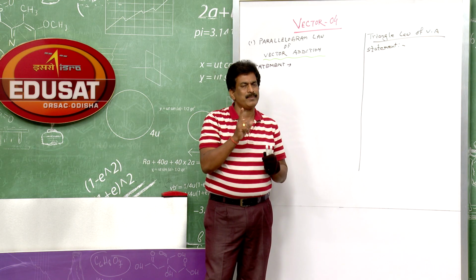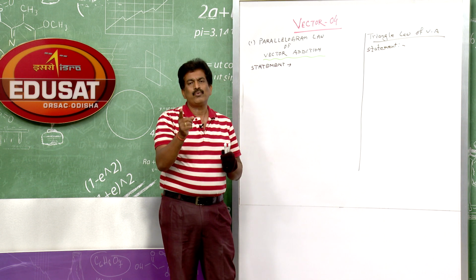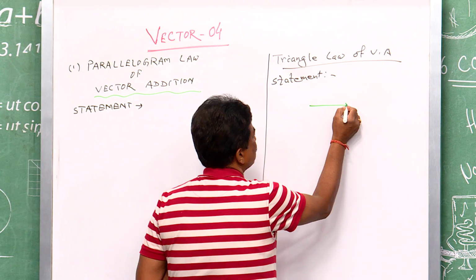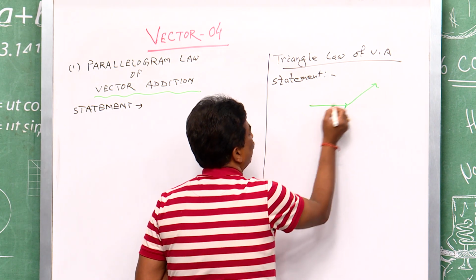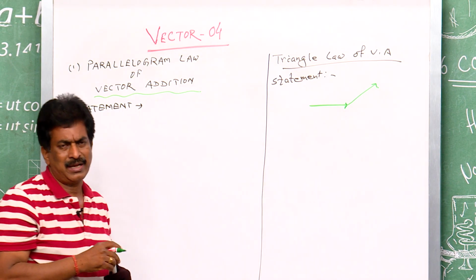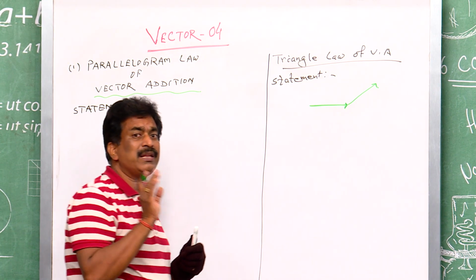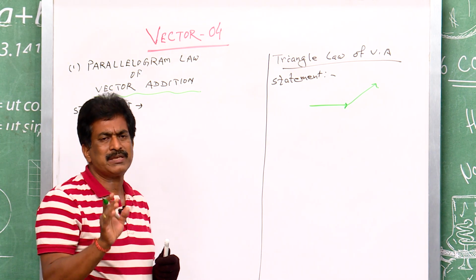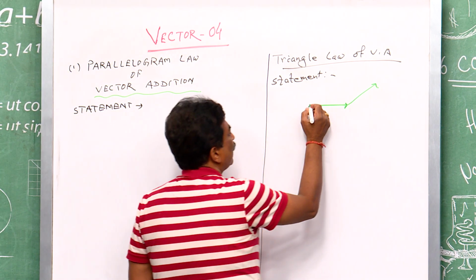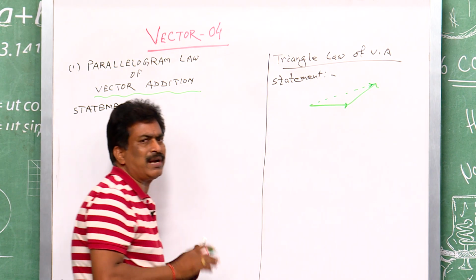What is the same order? When the first vector completes, at its head the second vector starts. When the second vector completes, if a third vector is there, it follows in the same sequence, and their resultant will be in the opposite order. This will be the resultant we discussed.